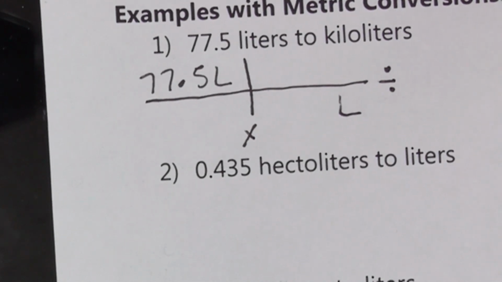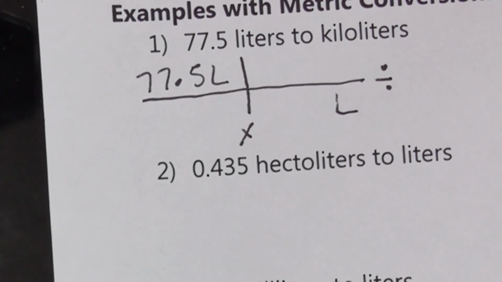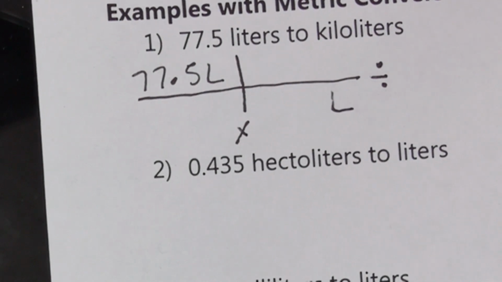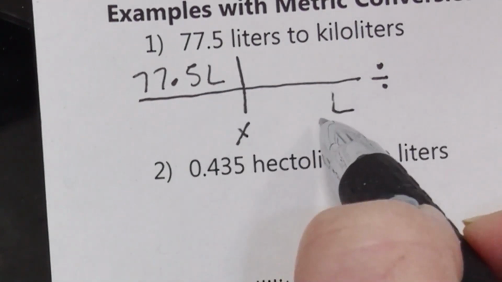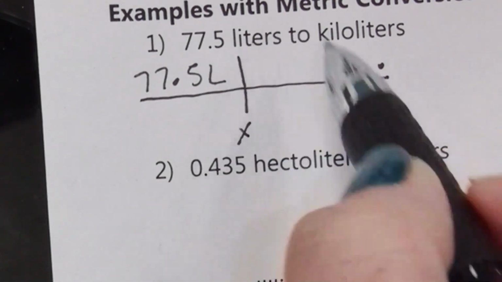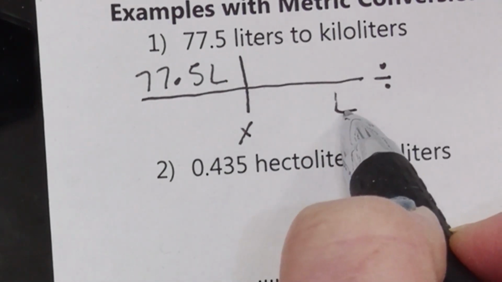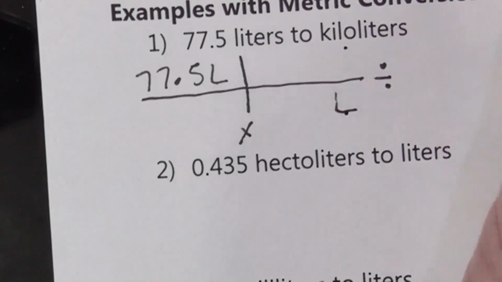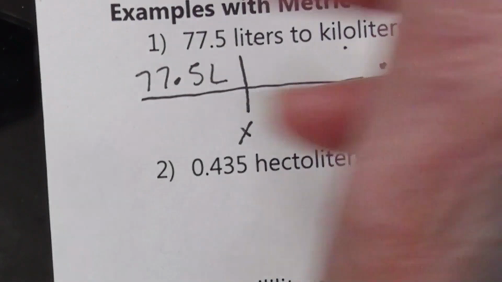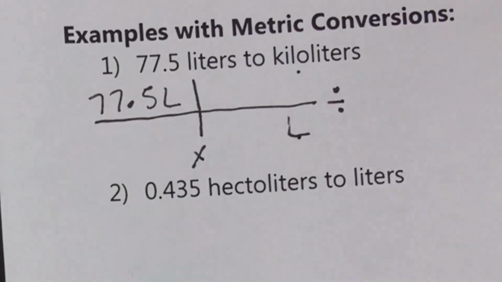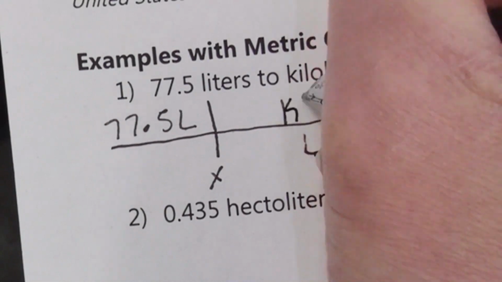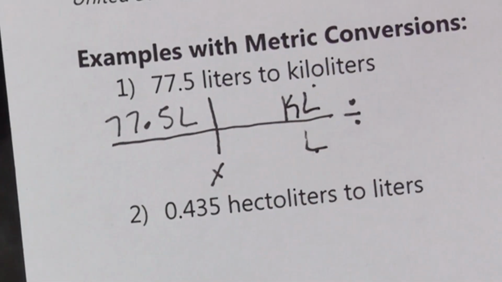Now, you must always have a base in every single conversion. Liter is the base unit, and because I already have the base unit in this conversion, I can go direct to kiloliters. And we saw that kilo had the symbol K, so I'm going to write a K for kilo and an L for liter.